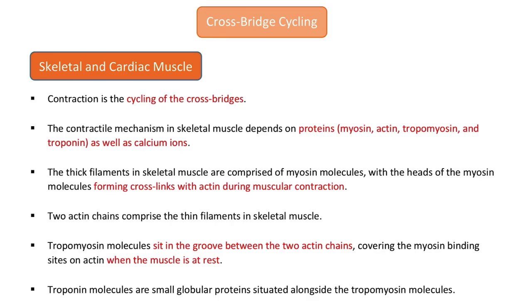Troponin T, or TnT, binds to tropomyosin. Troponin I, or TnI, inhibits actin myosin interaction. Troponin C, or TnC, binds calcium and triggers conformational changes.